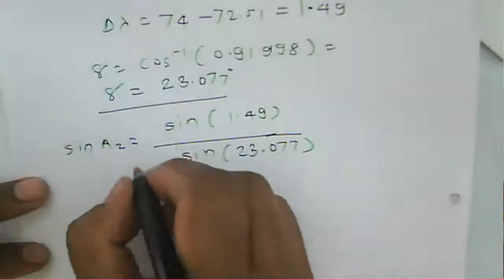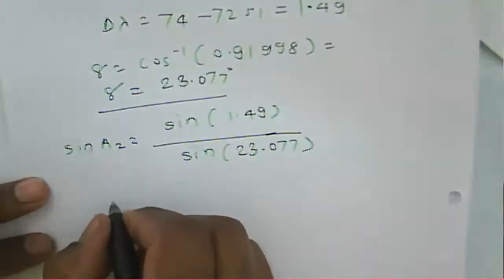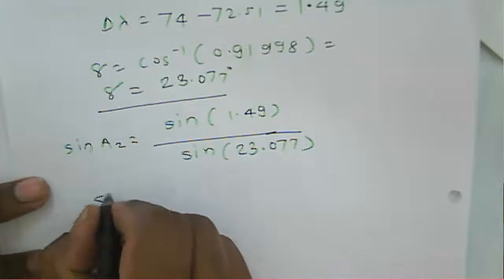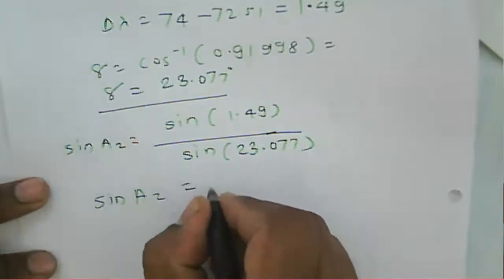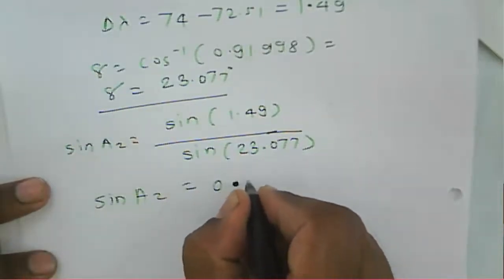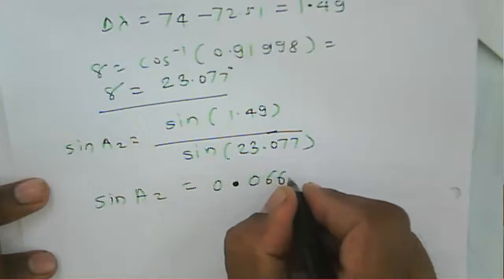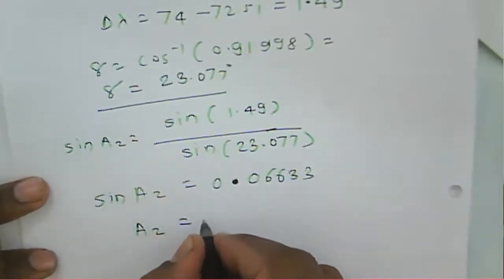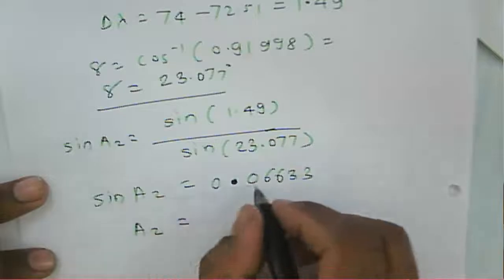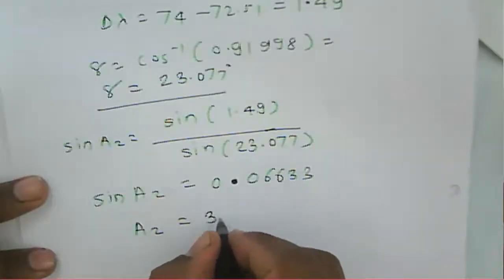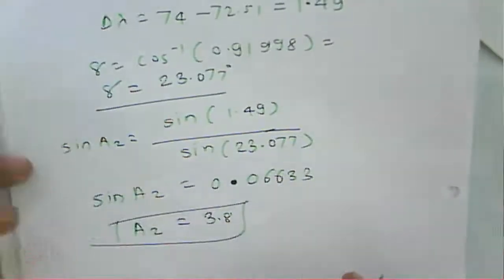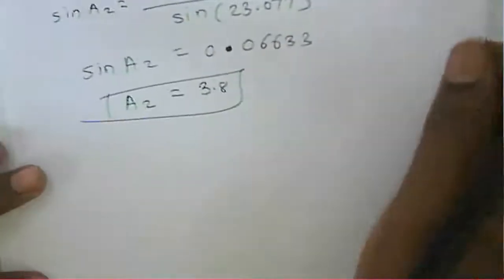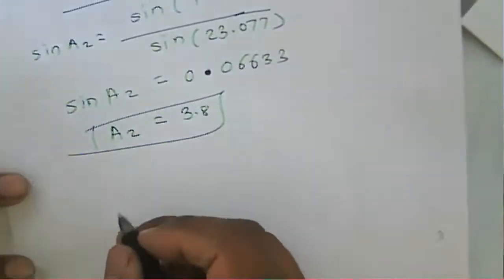If you put all these terms here, you will get that sine of Az is equal to 0.00663. After that, Az is equal to sine inverse of this value. You will get that Az is equal to 3.8, that is nothing but the azimuth here. So you can put all the values, you will get directly the azimuth.